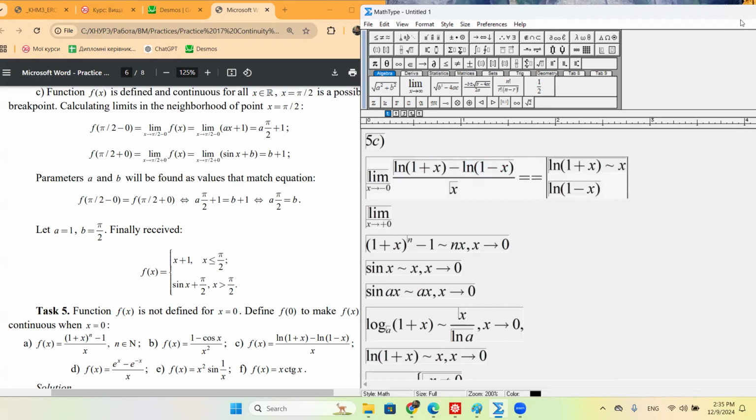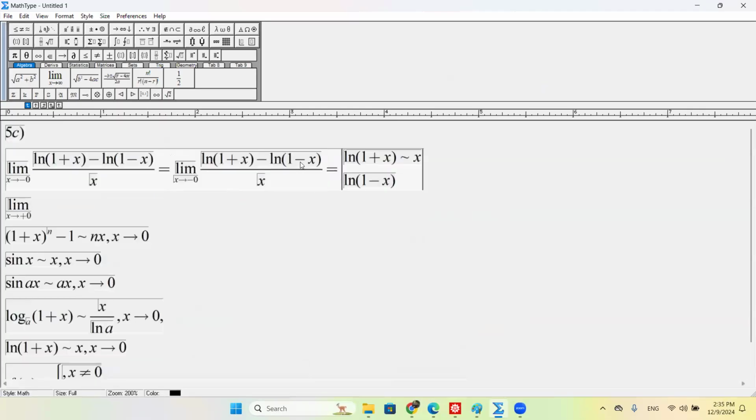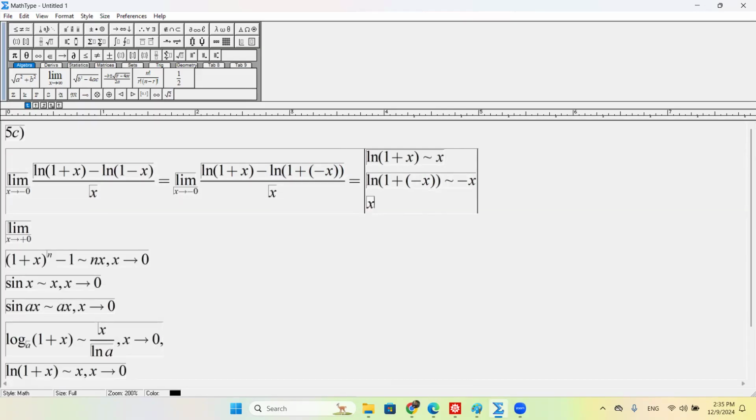For this case, basically we can rewrite it. Let me duplicate, and I can rewrite it like this: plus minus x. So this expression will be equivalent to minus x. So be attentive to signs.